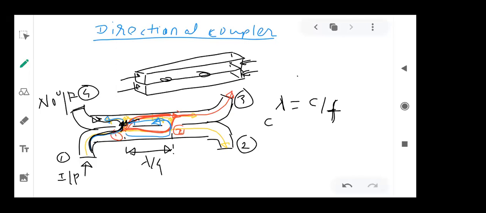So there is nothing like, if you change the reference port, then the behavior is going to change. That's why all these 4 devices which we have discussed so far are called reciprocal devices. The response in both directions is going to remain the same.